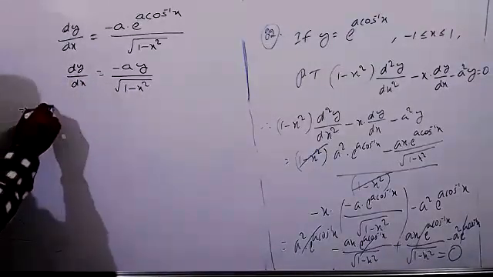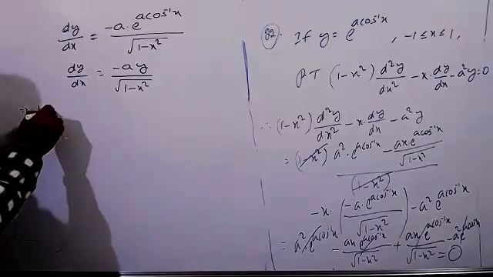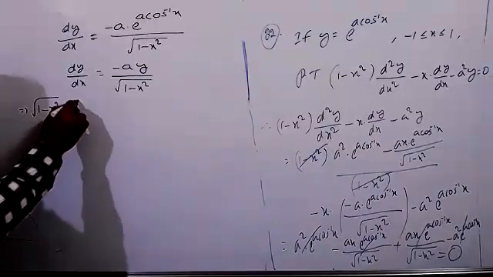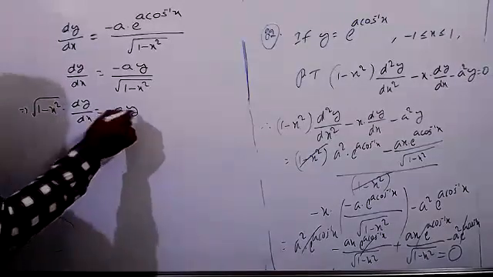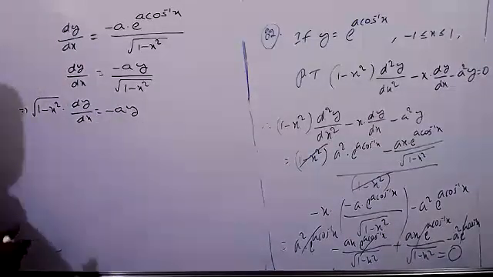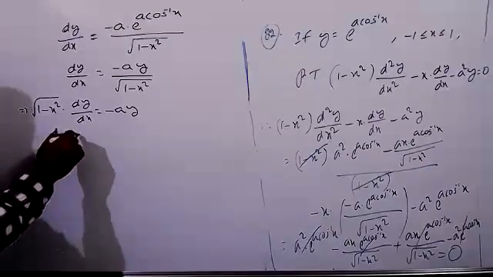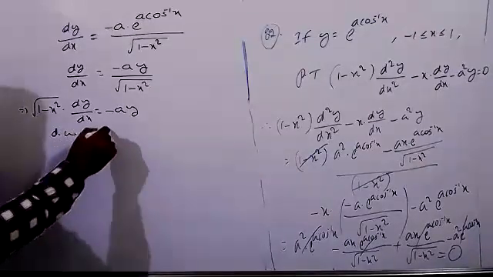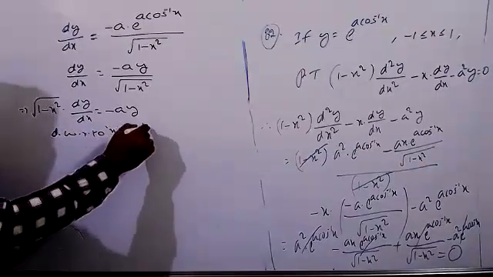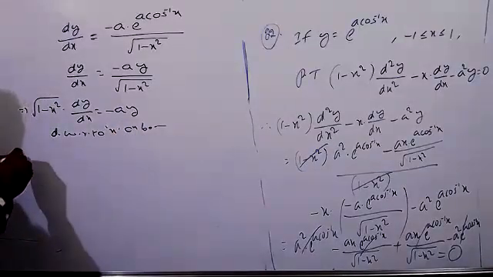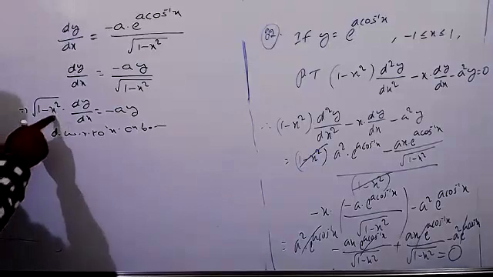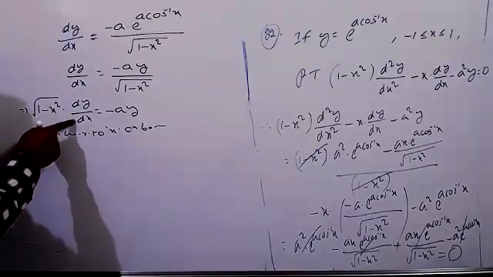That implies root of 1 minus x square into dy by dx equals minus ay. Now we can differentiate with respect to x on both sides. You can write now, this is anyhow UV formula can apply.